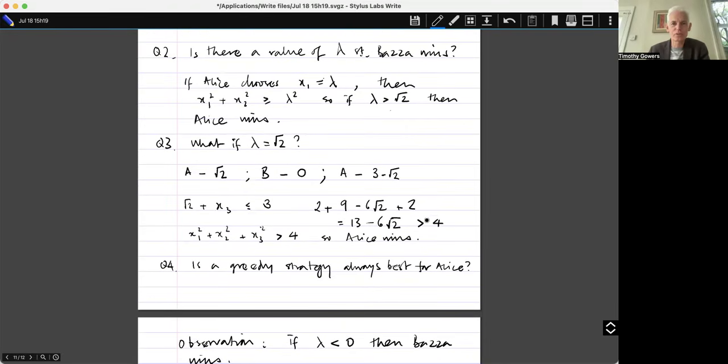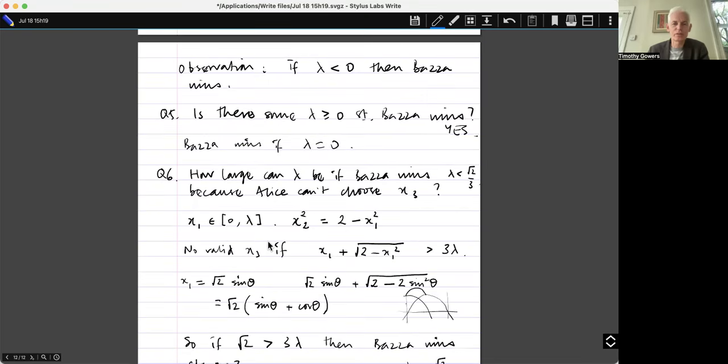I think Alice won if lambda equals root 2. Actually, I could do a similar thing here and ask, because I had a bit of elbow room with this strict inequality here, for what values of lambda does Alice win at n equals 4?